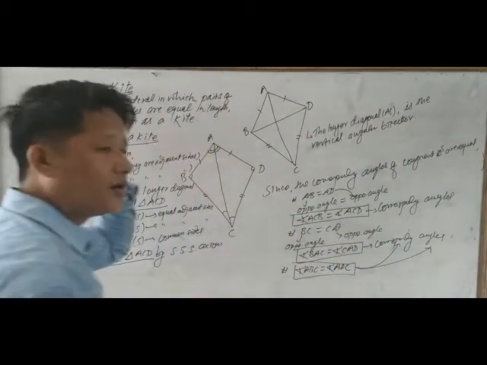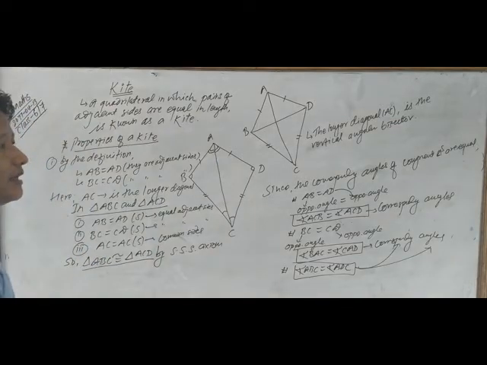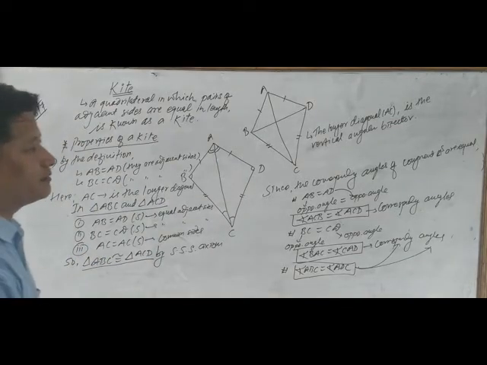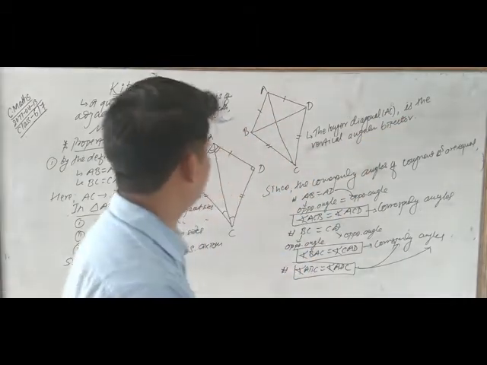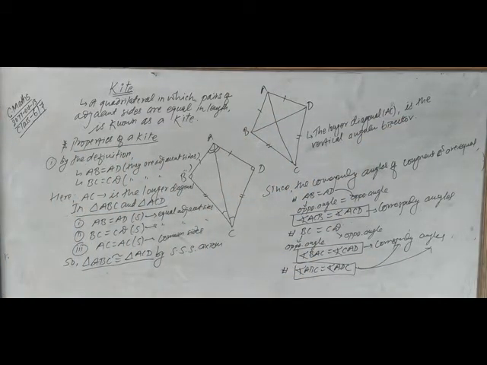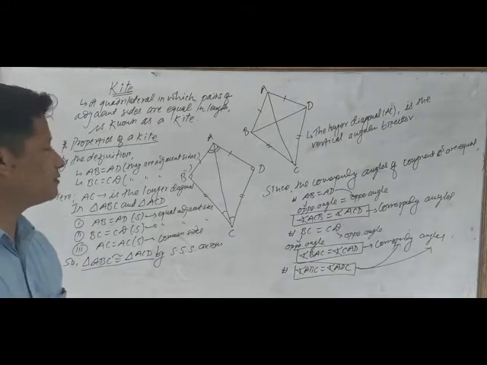The longer diagonal AC is the perpendicular angular bisector. So in this way, you can derive the properties.